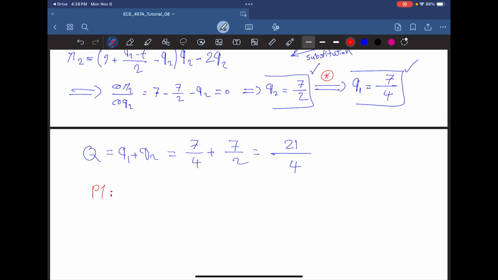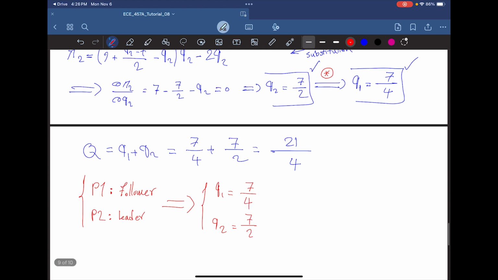P1 follower, P2 leader. In this case, Q1 is 7/4 and Q2 is 7/2.